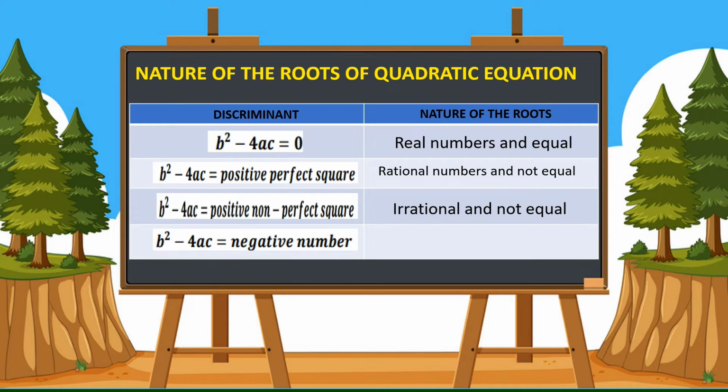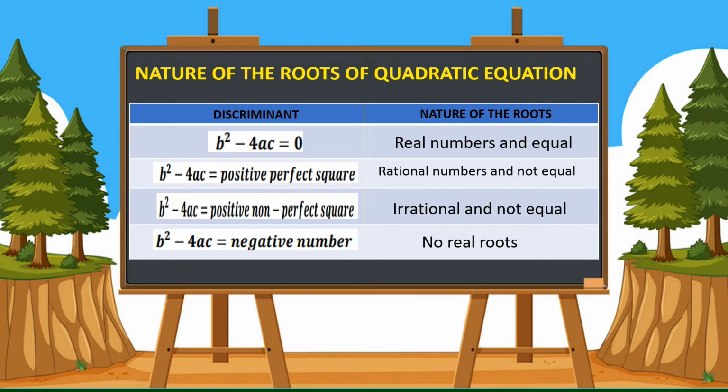And for b squared minus 4ac equal to a negative number, then the nature of the roots are no real roots.